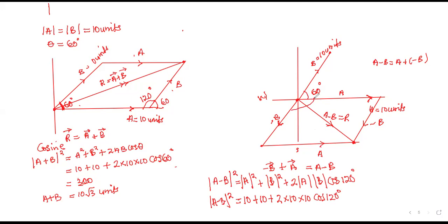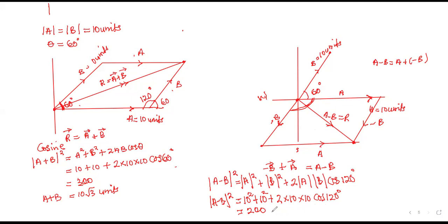So the cosine rule uses the magnitude of the vector. 10 squared, another 10 squared, this is 200. Cos 120 is equal to negative half.